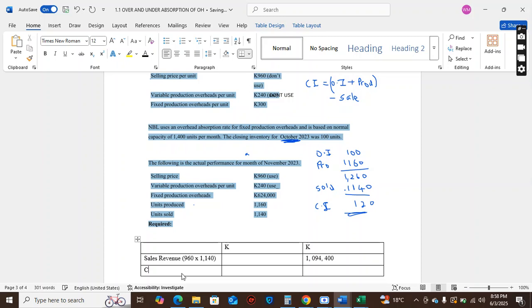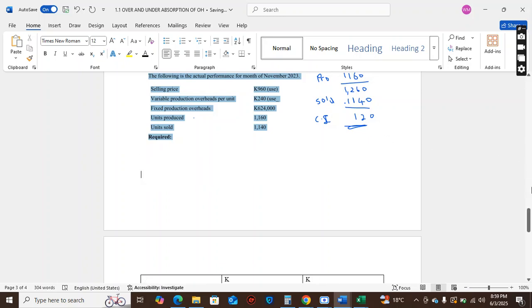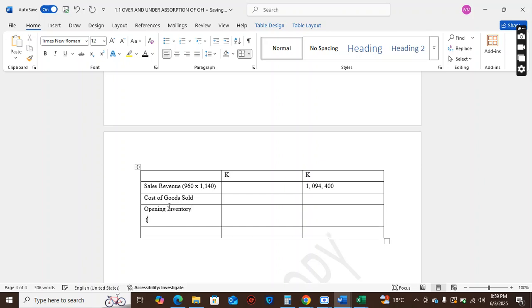Cost of goods sold. So here we start with the opening inventory, 100 units.